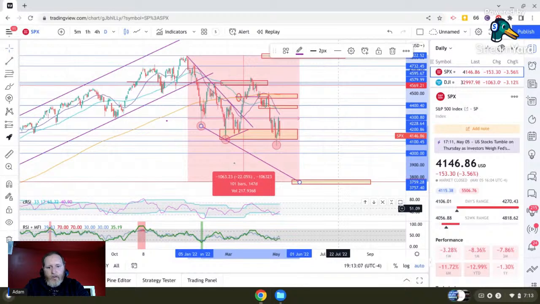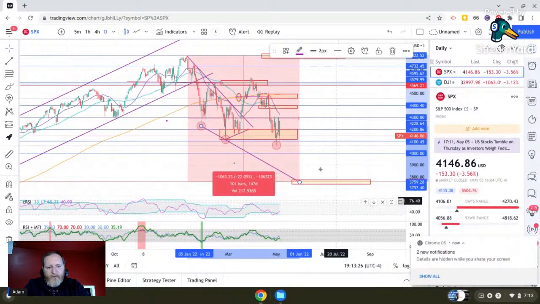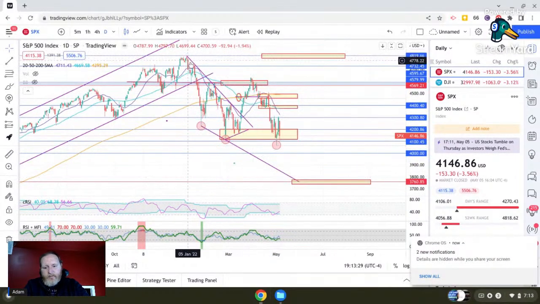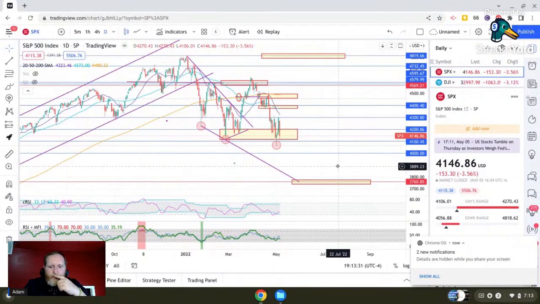So, here we are today, down over 3.5% on the S&P 500, and this forecast here in front of you for the next 3 to 6 months, we're heading to a low of 20% from the high made on January the 4th.